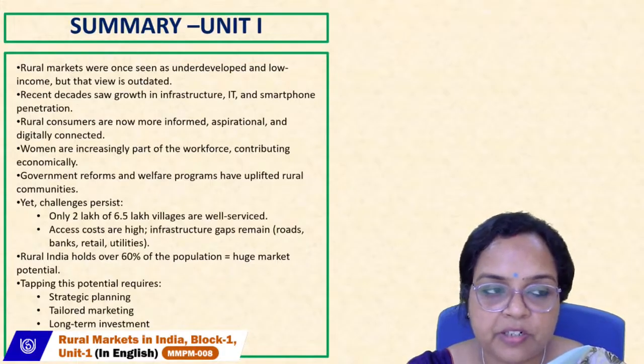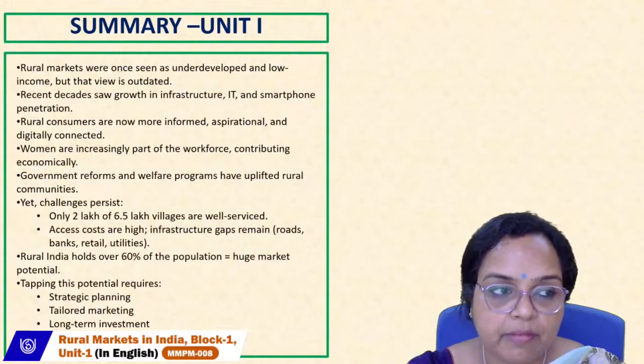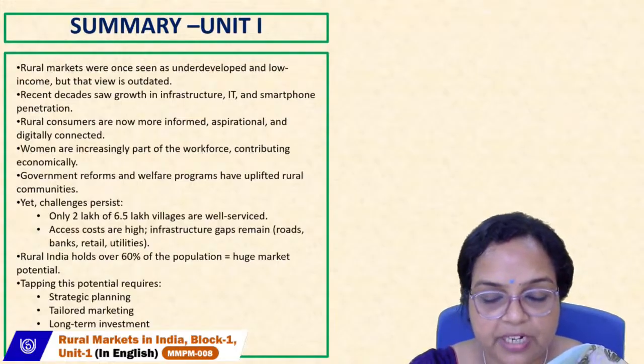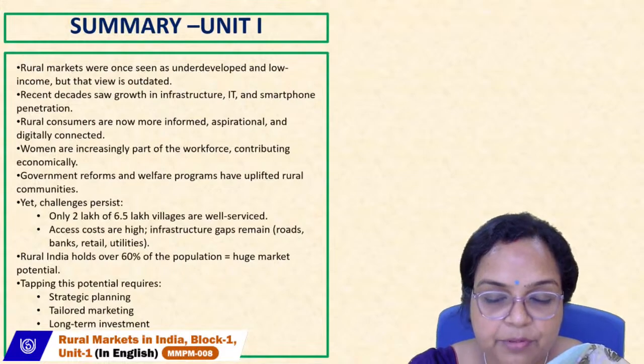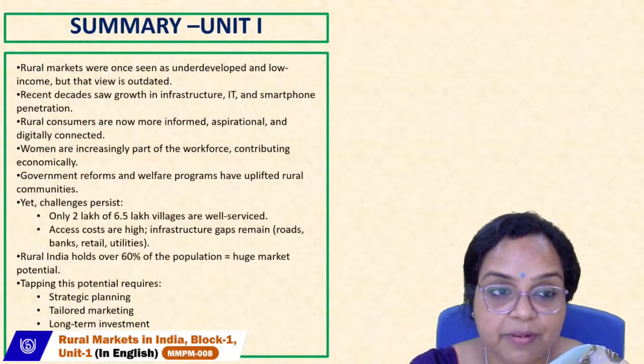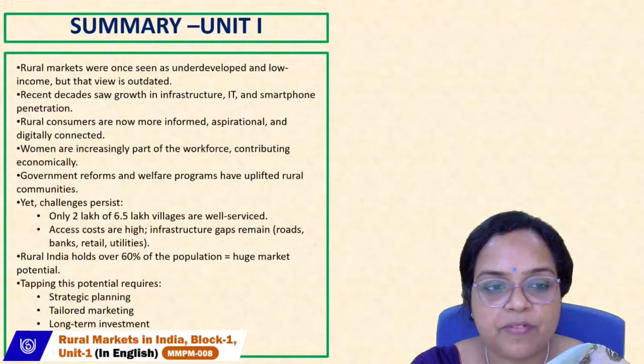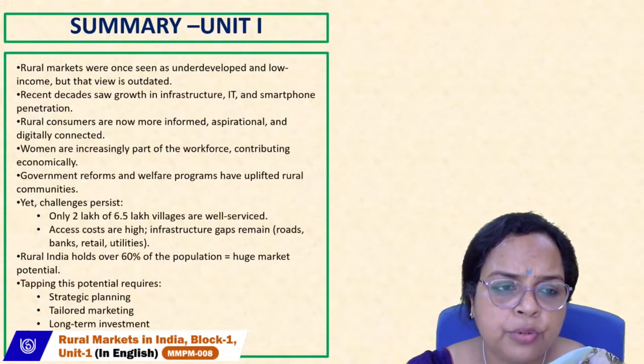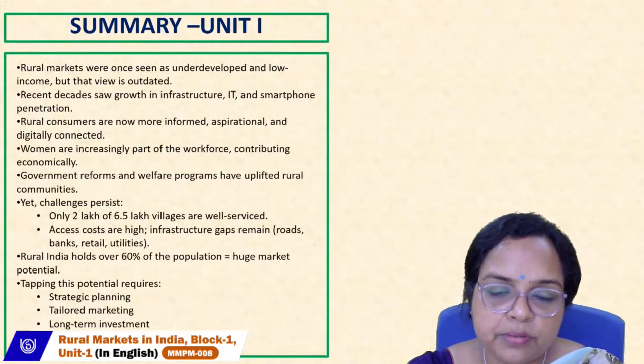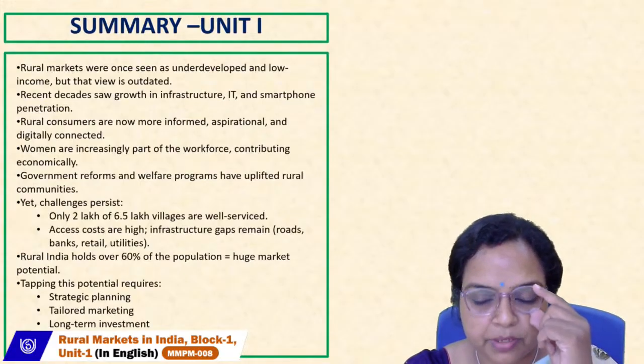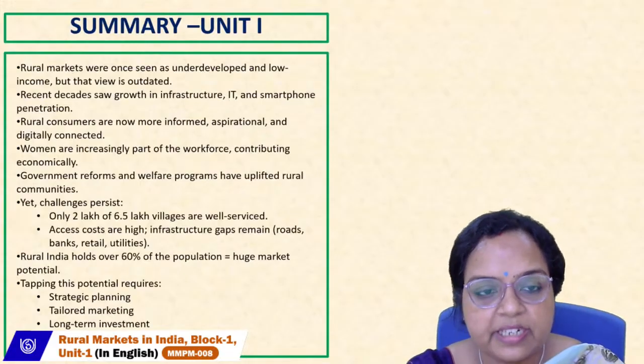IT and smartphone penetration is also slowly capturing the market. Smartphone users are increasing in number. Rural consumers are now more informed because, as we discussed, the number of smartphone users has already increased.